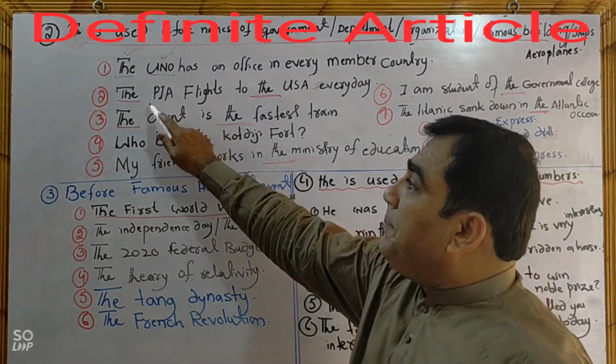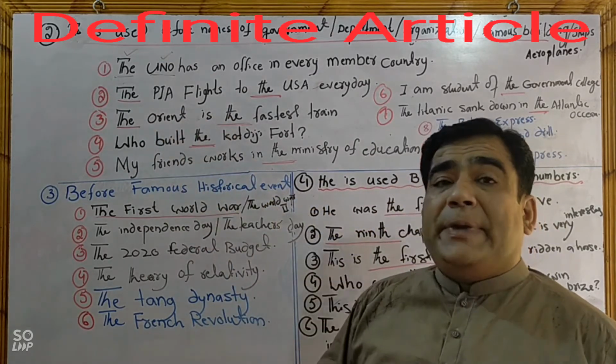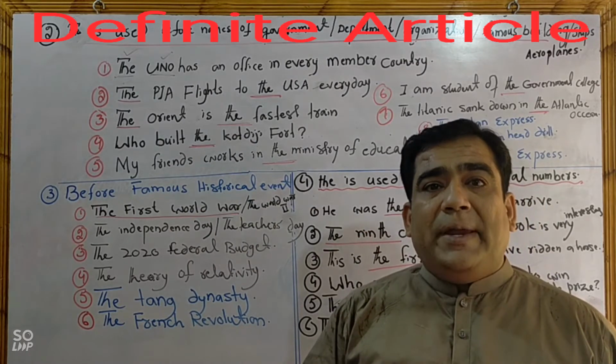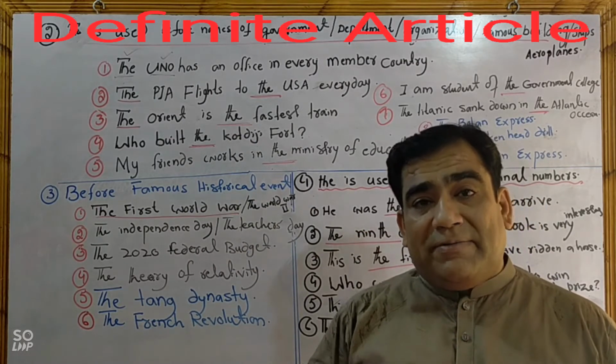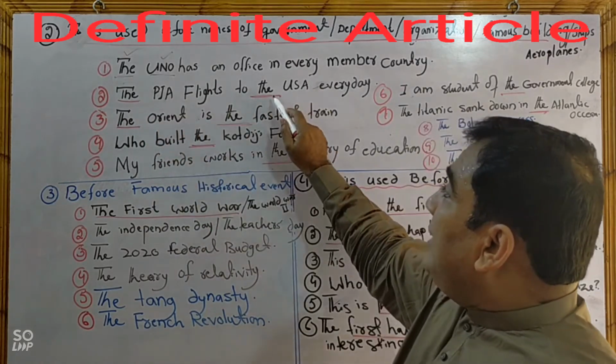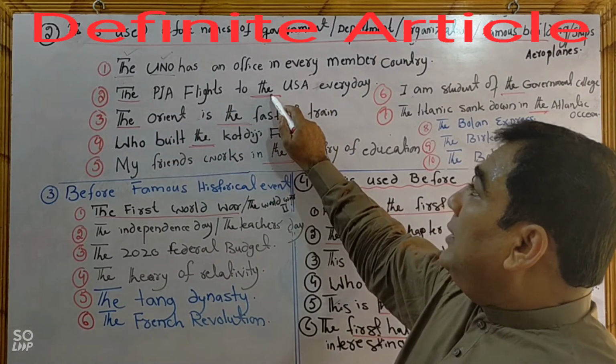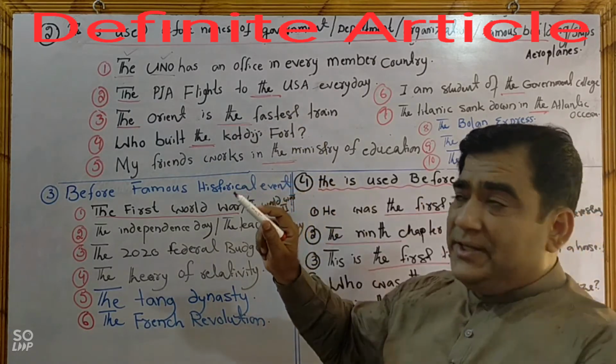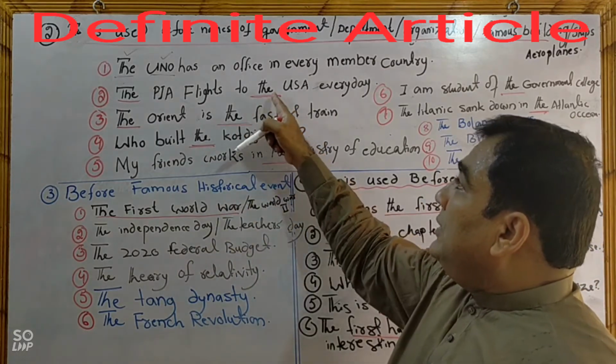Second one is the PIA. PIA is a department, PIA is the name of a flight. That's why we put the there in this way. Again, the is written, as in the first rule, the USA.